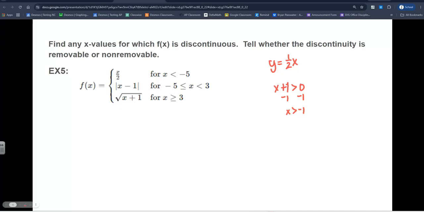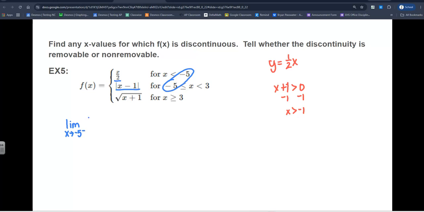So, first thing I'm going to look at is my -5. I need to look at these two functions at -5. The proper way to write this is to write the limit as x approaches -5 from the left.